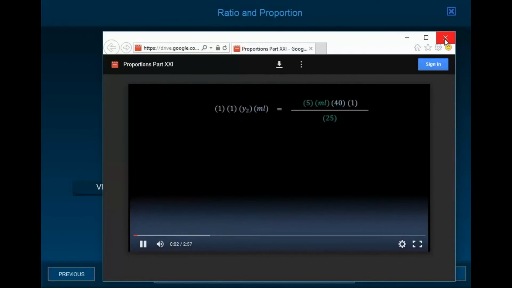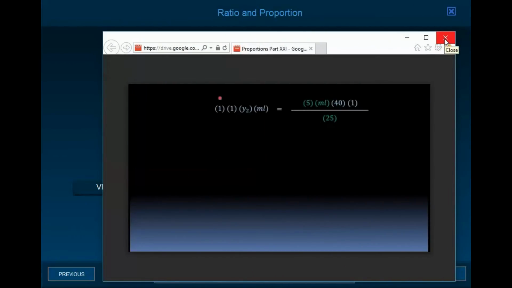We are at this point right now, and we see that we have 1 times 1 times y sub 2 milliliters on the left-hand side of the equation. And we can write this as y sub 2 milliliters. Going to the right-hand side of the equation, we have 5 times the milliliters unit times 40 times 1.